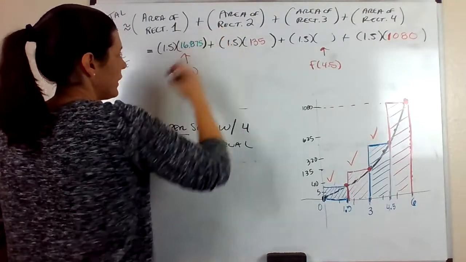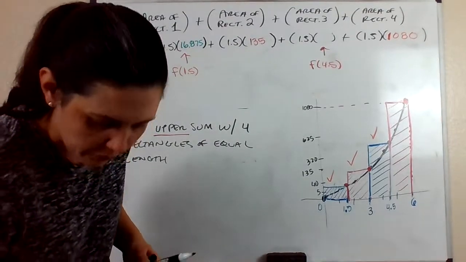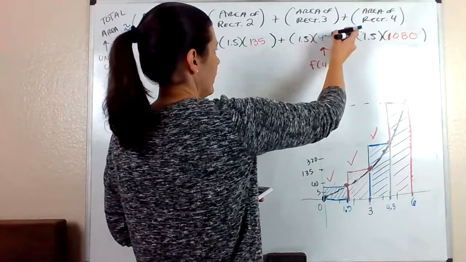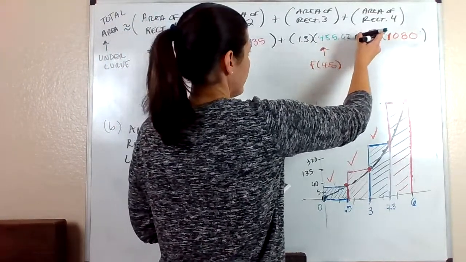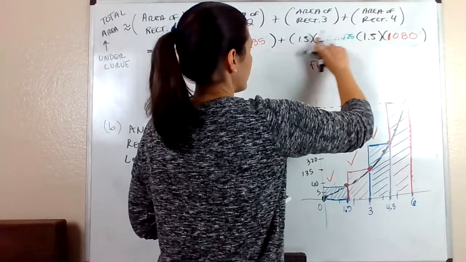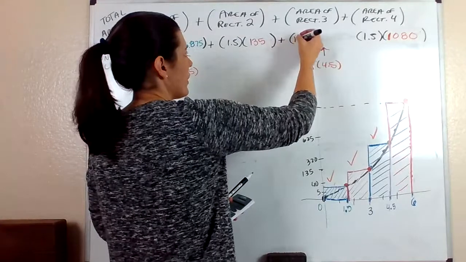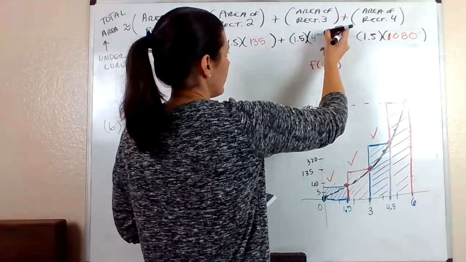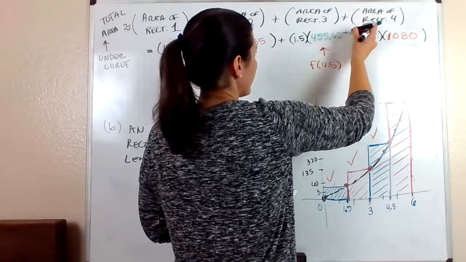And the last one that we needed to compute for 4.5, that one was 455.625. Sorry, you probably can't read that. Okay, so this was 16.875, and this was 455.625.